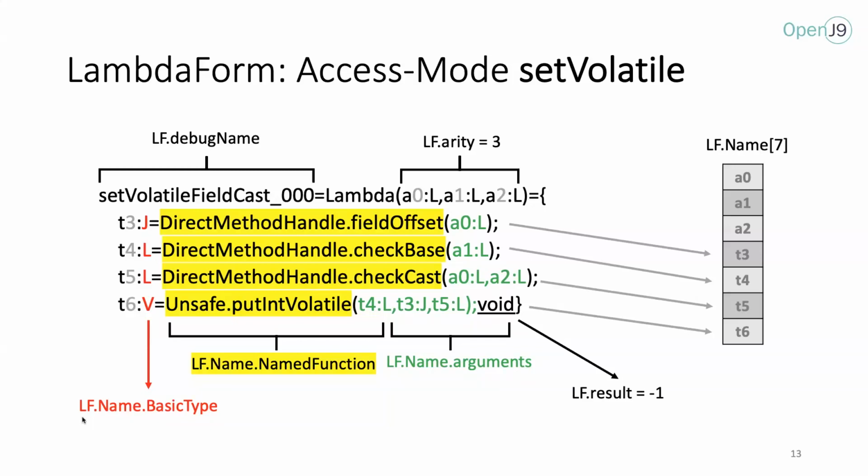And at the end, this Lambda form is going to return a result, which in this case is void. So it's going to return nothing. So this should be a brief overview of what a Lambda form is from part one. And this Lambda form is going to be used for the setVolatile access mode that was shown in the VarHandle example.